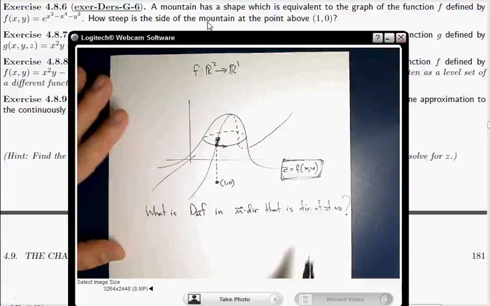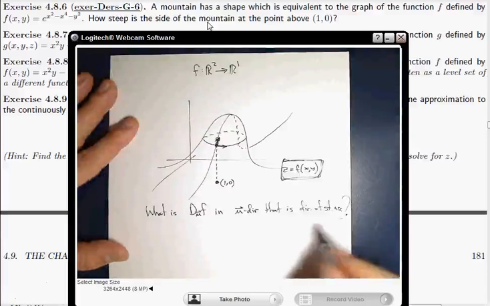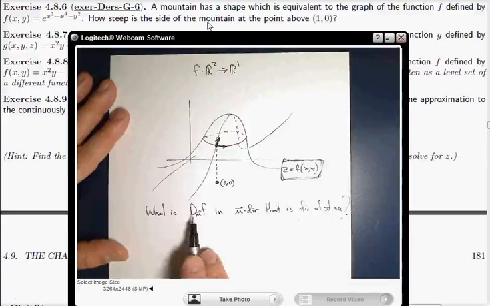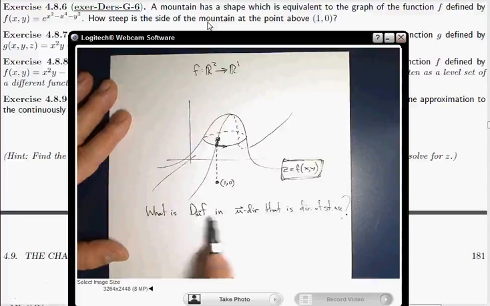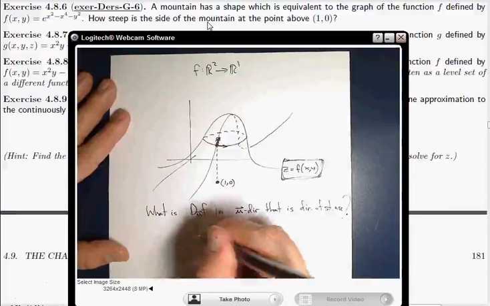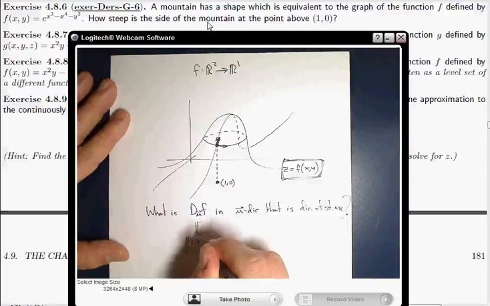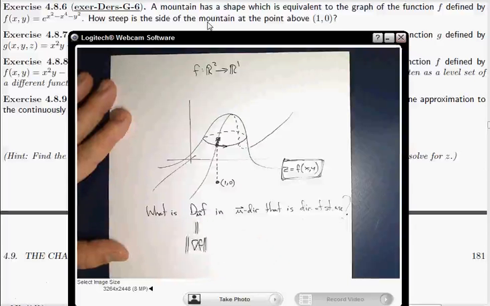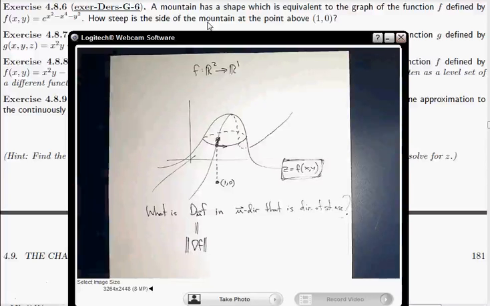In other words, this is the direction of the gradient vector. Known fact: the value of the directional derivative in the direction of steepest ascent is always the length of the gradient vector. So what you're going to do in this problem is compute the gradient vector for the given function and compute its length. Does that make sense to everybody?